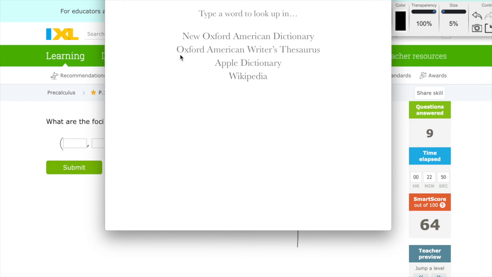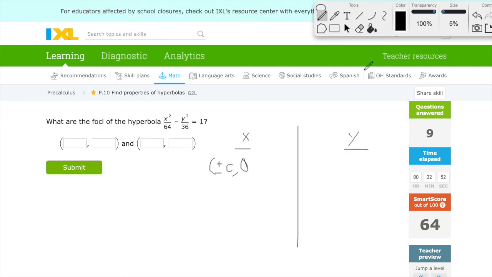If y is first, it's not in this case, but just in case you run into an example like that, we're going to have plus and minus c as the y coordinate.